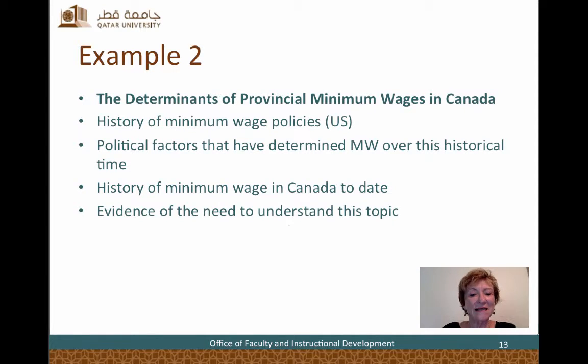And that is establishing the evidence, the need to understand the topic. So you can kind of in your mind see how that reads. It goes from the beginning of minimum wages, what the policies were in the past, brings it down to the local context, and shows that this research is needed. So it follows a logical flow.